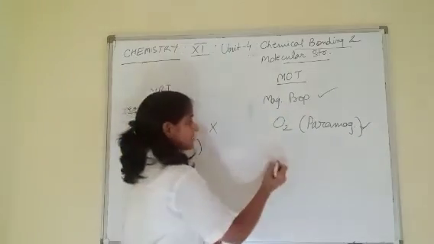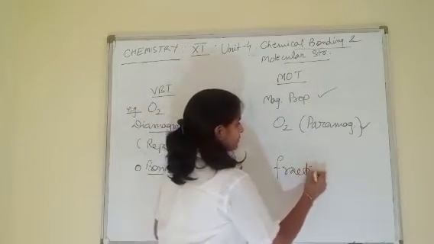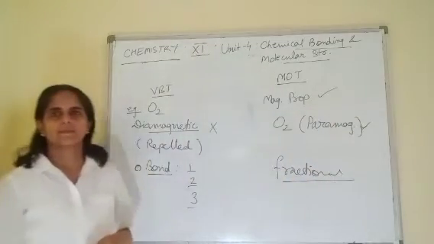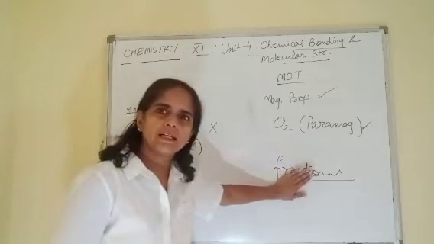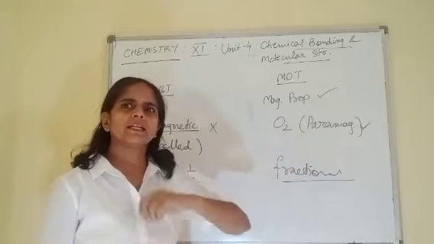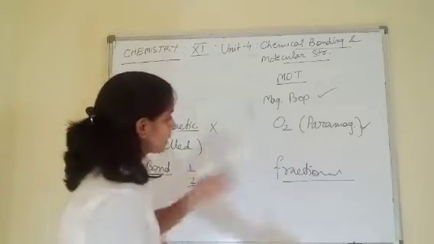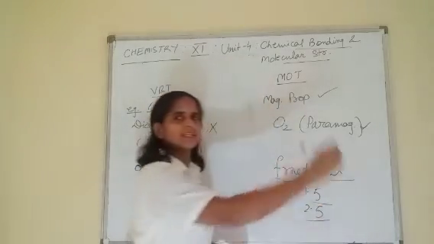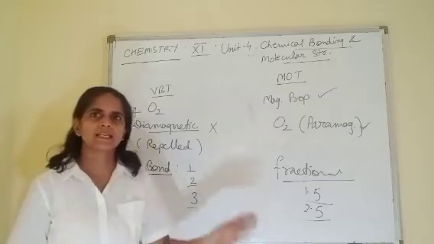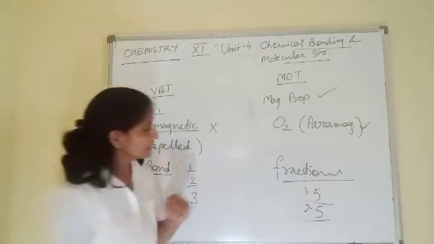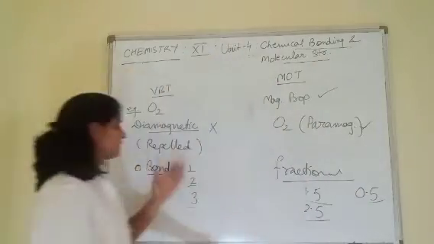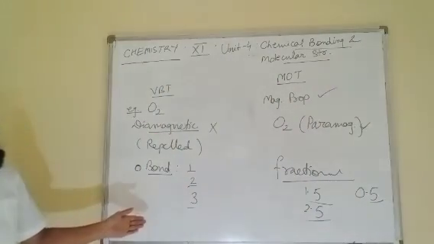Have you ever heard about this? No. Fractional bonds, this we talk about in MOT. According to MOT, it can be 1.5, it can be 2.5. Interesting, no? But this thing is absolutely missing in VBT. It can be 0.5 even, bond order, which we never discuss in VBT.